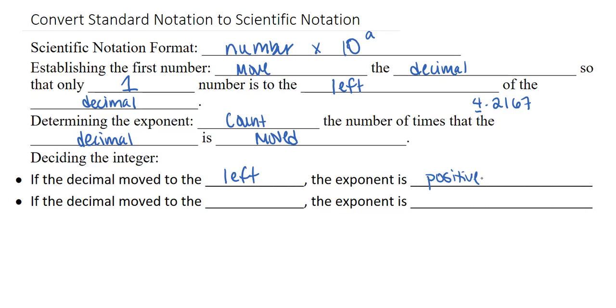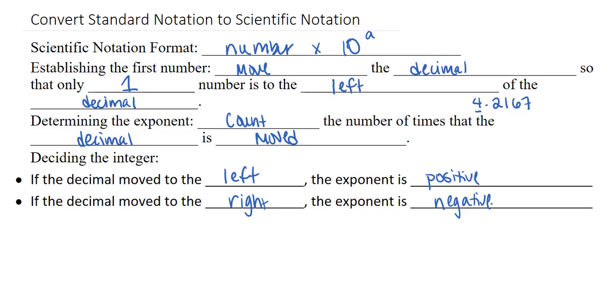But if the decimal moves to the right, that means the exponent is going to be negative. That's in regards to a small number. And if we have to move it to the left, that's a bigger number. So that helps our intuition on what that looks like.